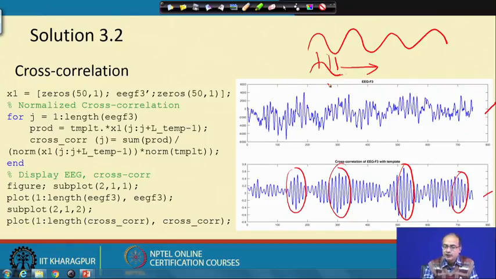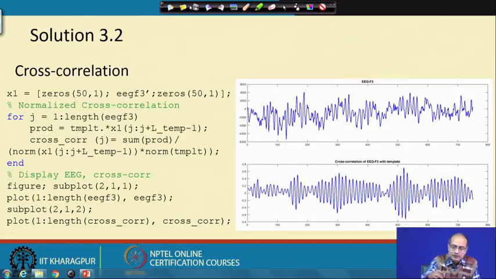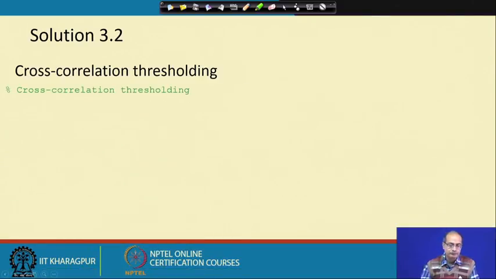So, that is the reason for oscillation. Again here it will give a high value. So, that periodic nature of the signal gives rise to this oscillatory kind of output in the cross correlation coefficient.